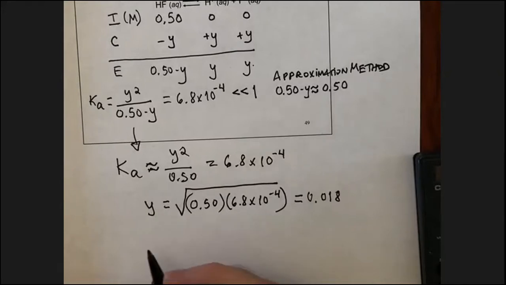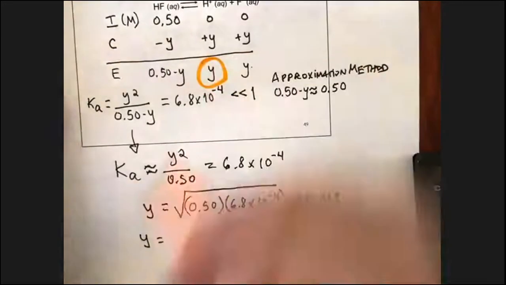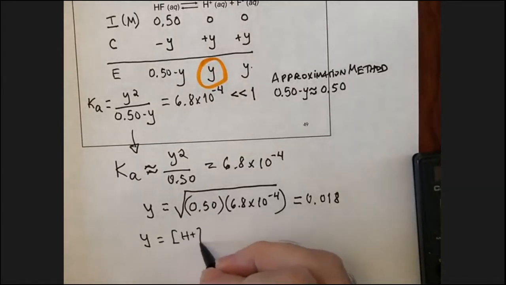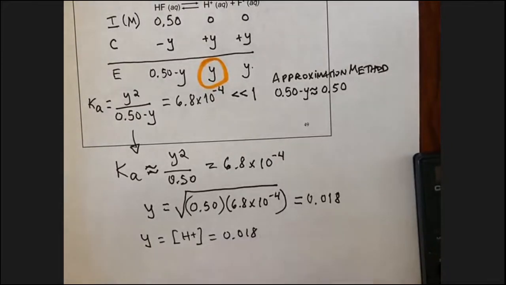Now, remember, Y is essentially, as we saw back here, the molarity of the H plus, and we're saying that that's 0.018. So if I want to calculate the pH, that would be minus the log of H plus.